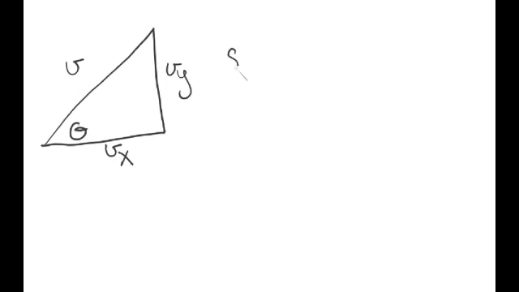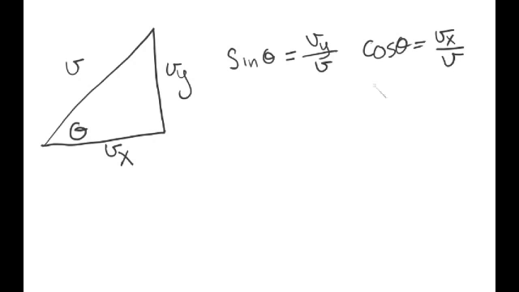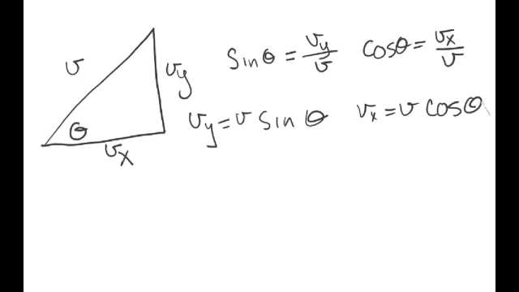Redefining our sine and cosine functions in terms of these labels, we get simple definitions. Sine of theta is v sub y over v. Cosine of theta equals v sub x over v. And rewriting these two equations in terms of v, v sub y gives us v sine theta, and v sub x gives us v cosine theta.